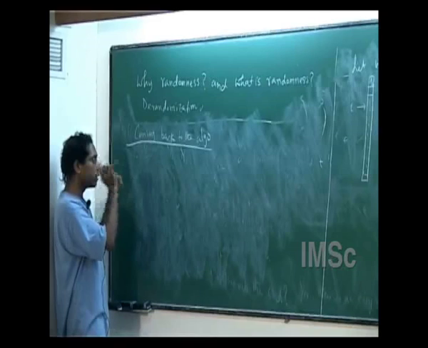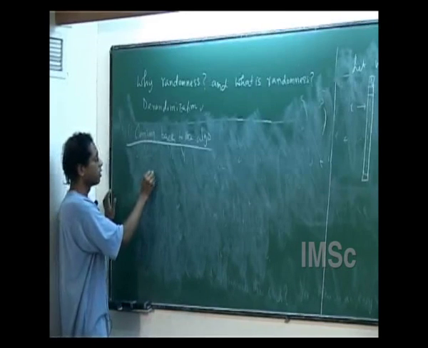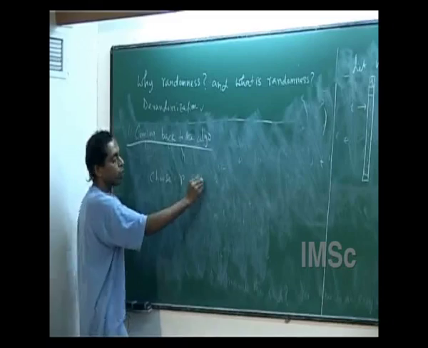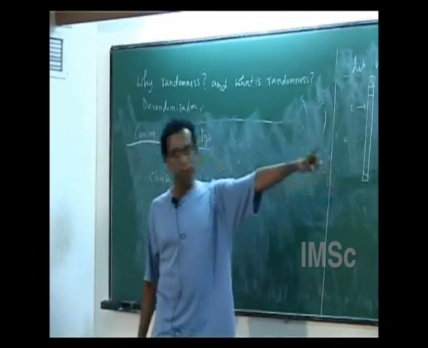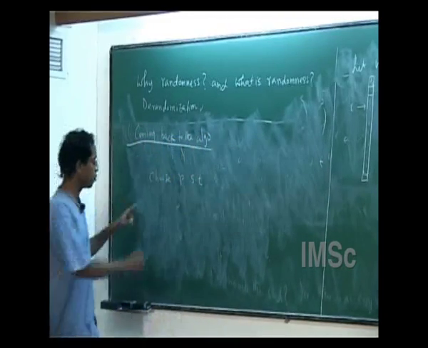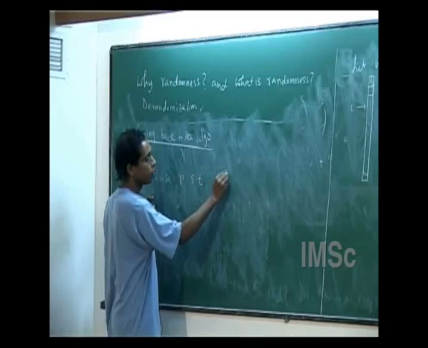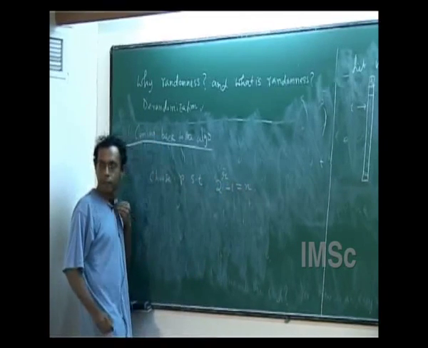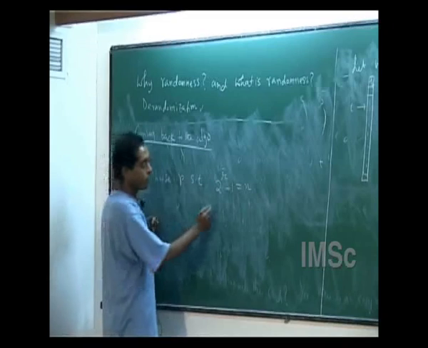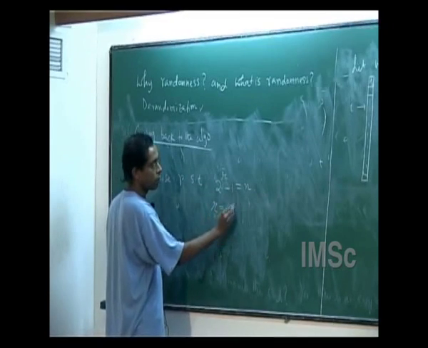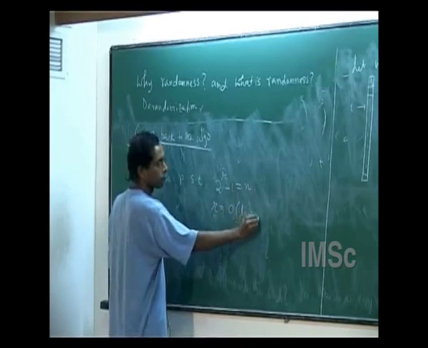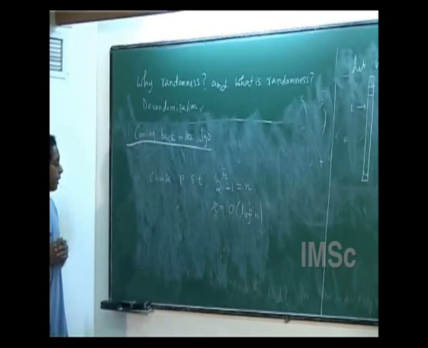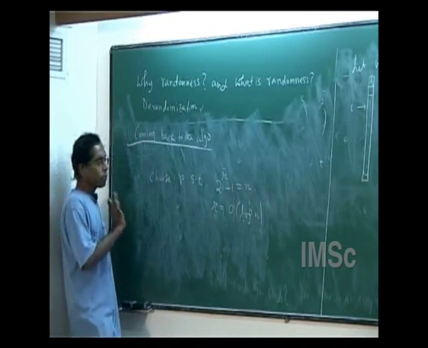Remember that you have an n vertex graph. Choose r such that, how many random bits do you have? 2 power r minus 1, y1 to y(2 power r minus 1). Choose your r such that 2 power r minus 1 is n. That means r is roughly order log n. And what you do is the following.